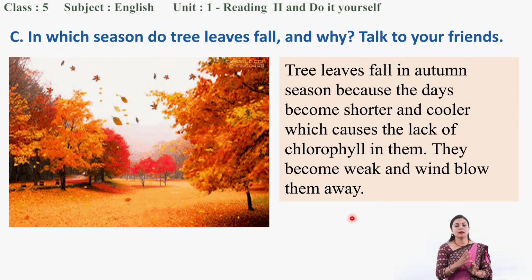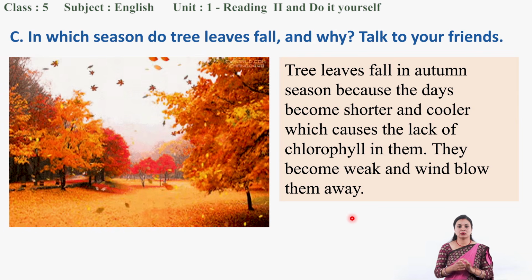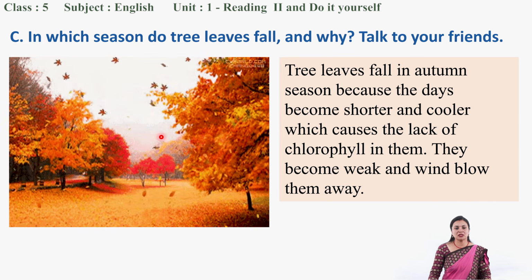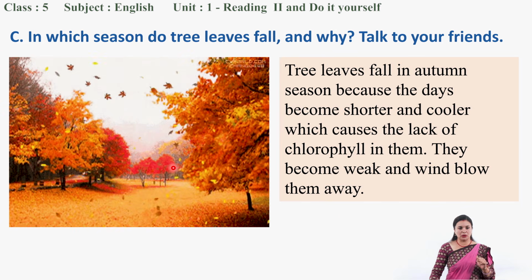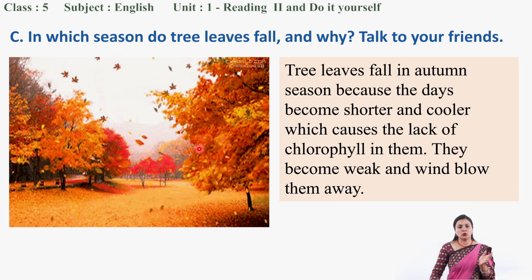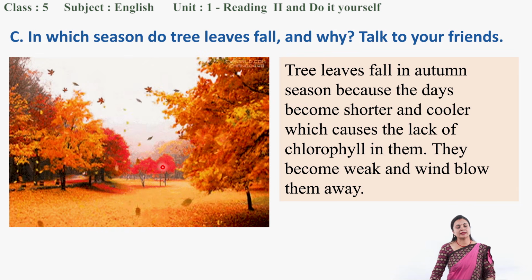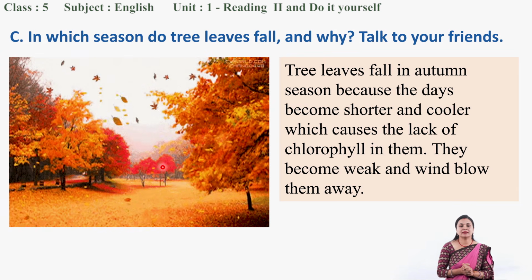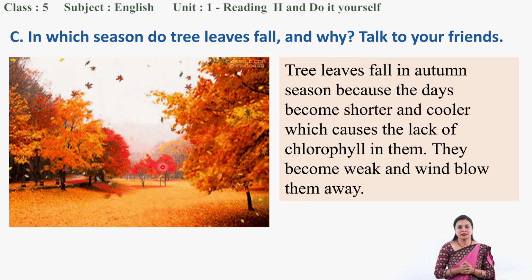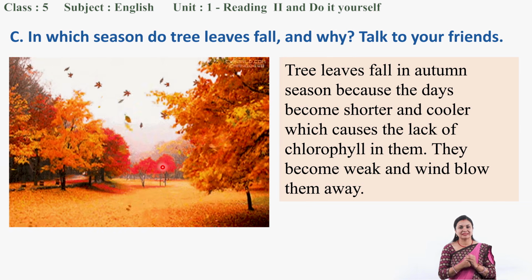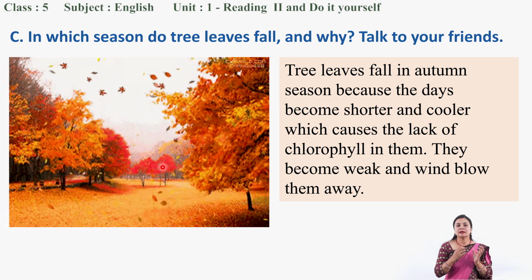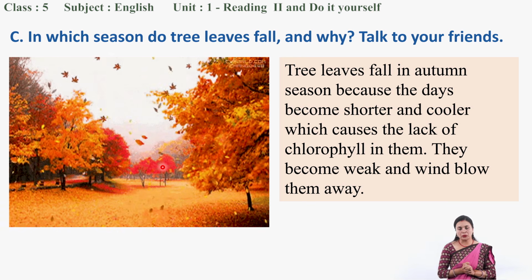That the wind blows them away. So you can say in this also, leaves have different colors like brown, yellow, and the wind blows them away. So like this, when the leaves change their color, they become weak, and then what happens? Yes, they are blown away by the wind.